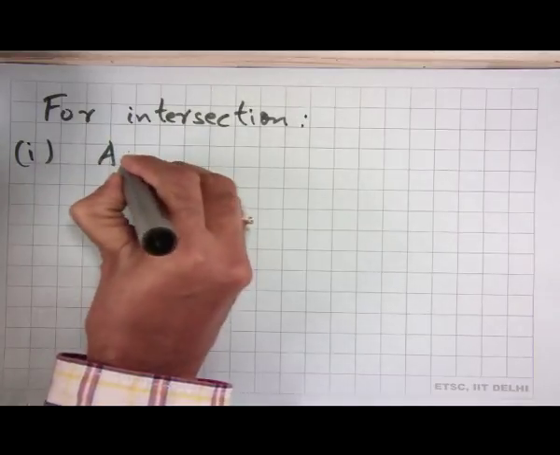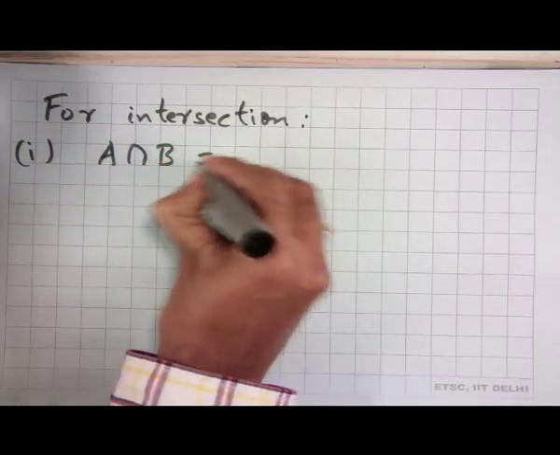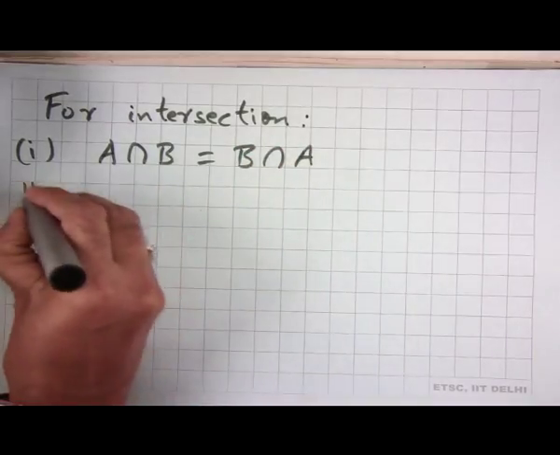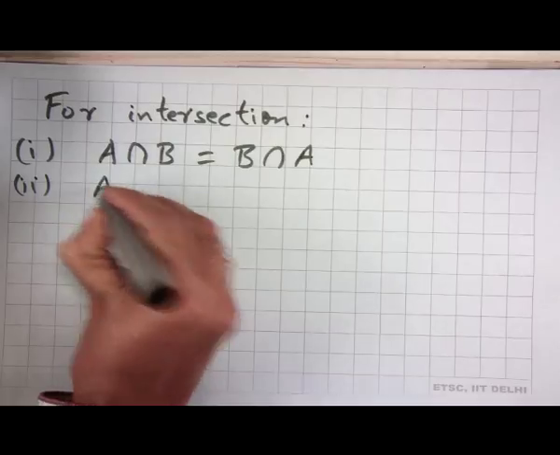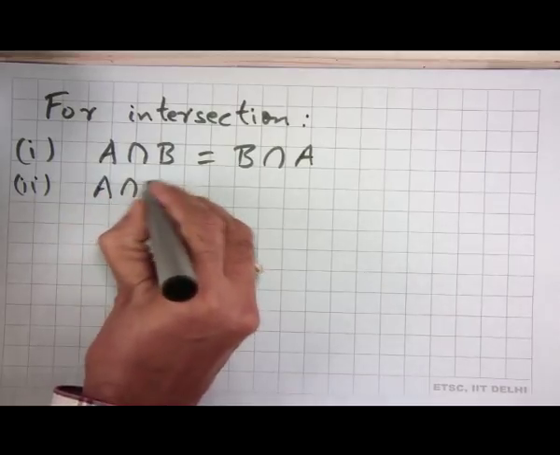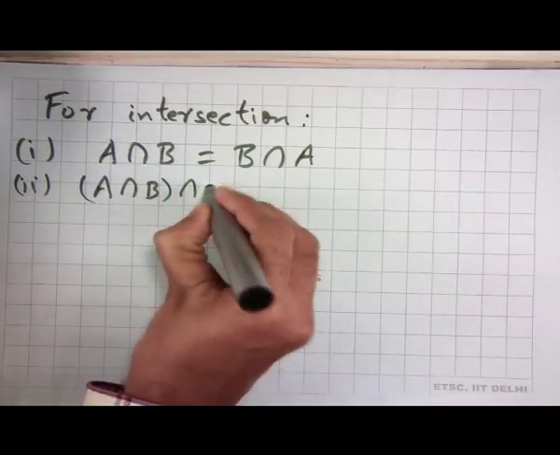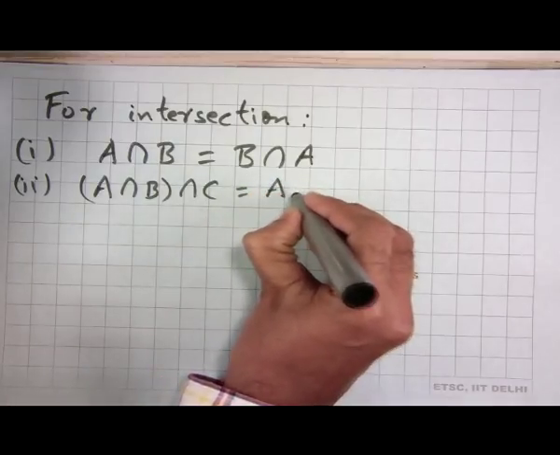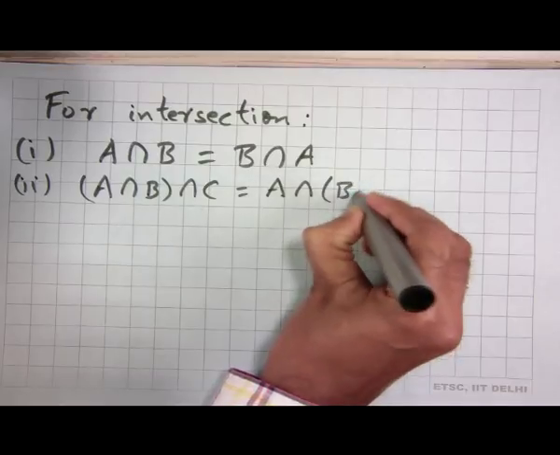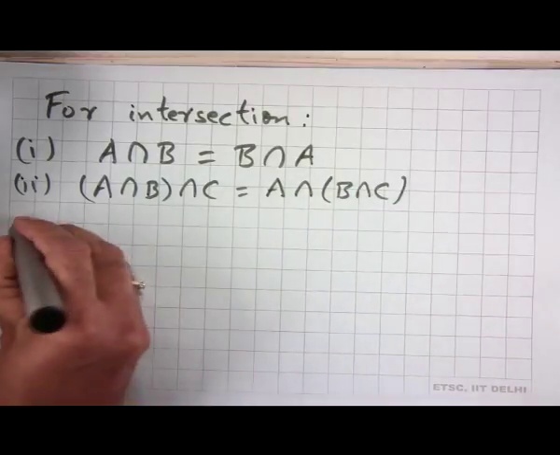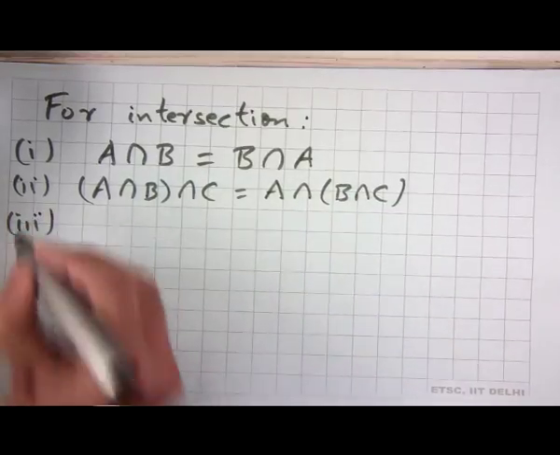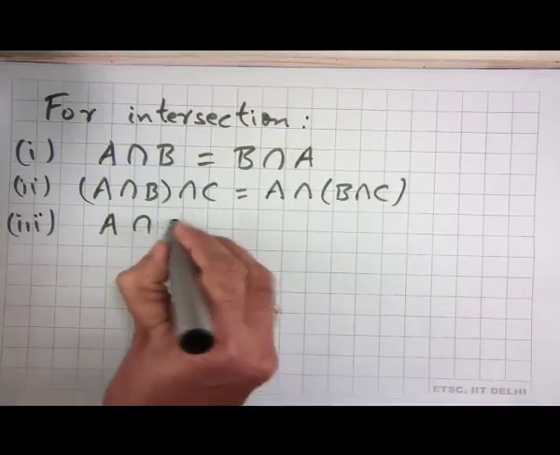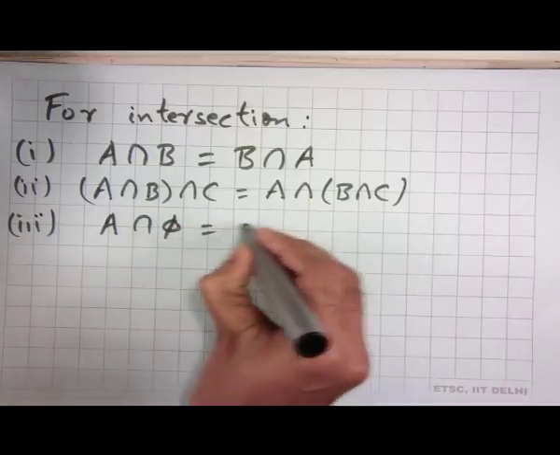Again, intersection is commutative, A intersection B is the same as B intersection with A. A intersected with B intersected with C is equal to A intersected with B intersected C. A intersected with the empty set gives the empty set.